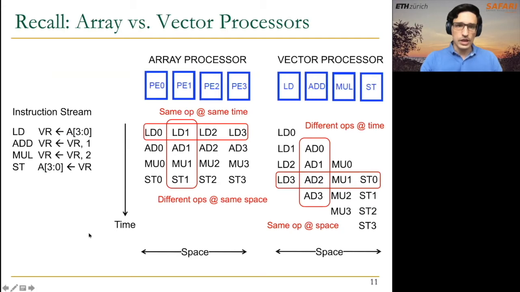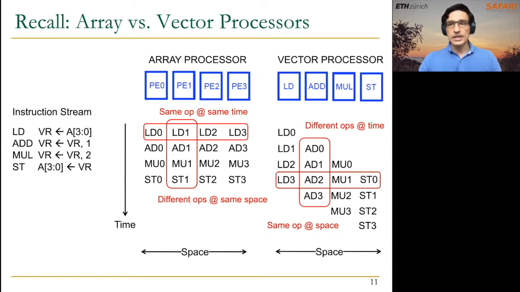In the array processor, there are some elements, all of them can execute different types of instructions like load, add, multiply, etc. We have the same operation at the same time on different processing elements, and we have different operations in the same space, in the same processing element. While in the vector processor, we typically have specialized processing elements for load, add, multiply, etc. And here we execute the same operation in the same space, that is in the same processing element, while different operations at the same time in different processing elements.